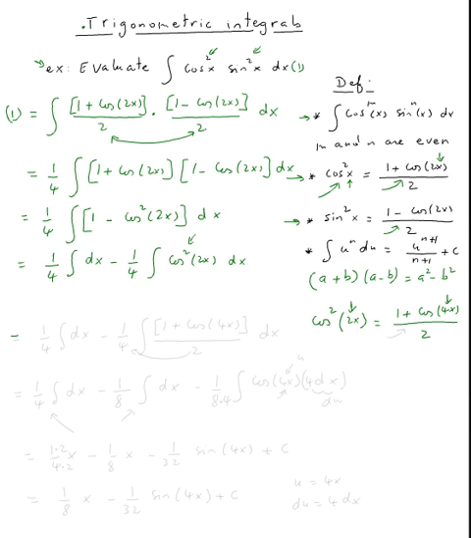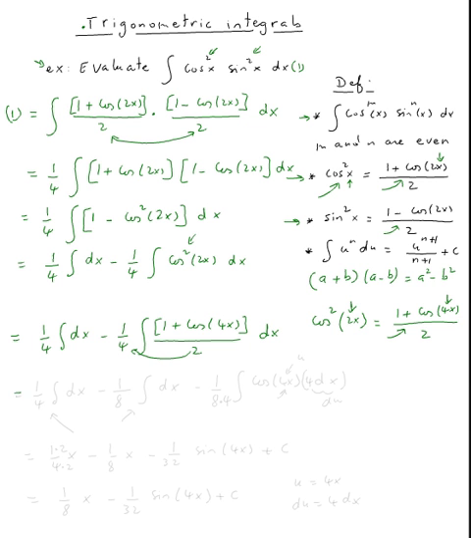So let's finish it. This will be 1 over 4 integral of dx minus 1 over 4 integral. So write this formula. That would be (1 plus cosine of 4x) over 2 dx. Now you can take 1/2 outside, right?